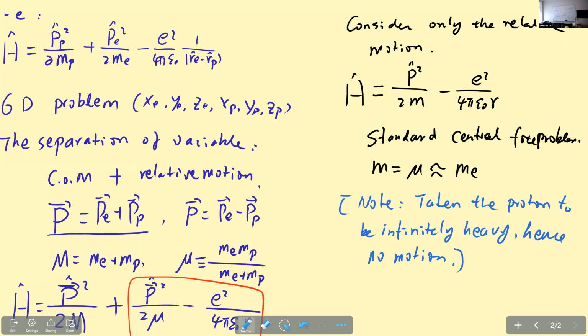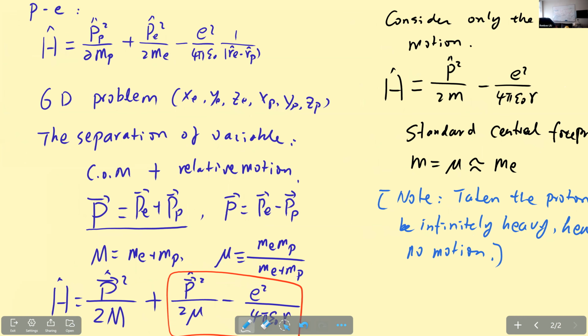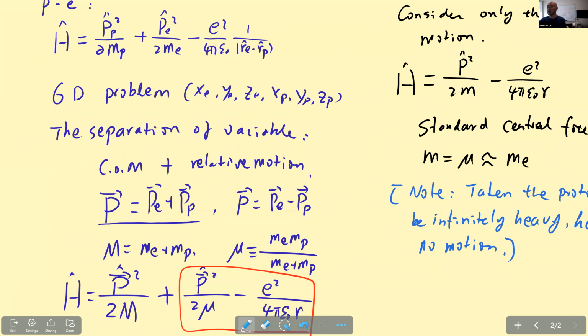Okay. So in some sense, we can take this one to be 0 by making this one go to infinity. Right. So that means we just neglect the motion of the proton and consider the electron motion to be the only interesting part.